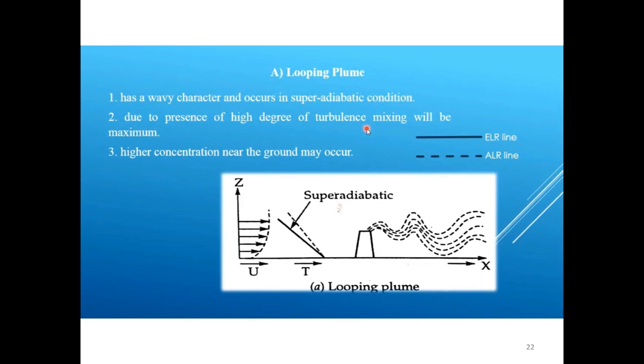In some cases, due to the presence of high turbulence, higher ground concentration may occur. Due to this problem, in areas having super adiabatic condition, higher stacks may be needed to ensure very good dispersion of air pollutants.